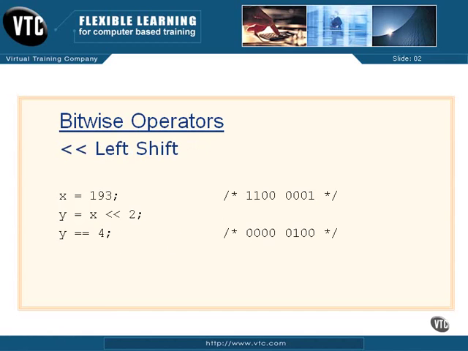Here's our Bitwise operator's left shift, and what this does is cause our value to be shifted to the left as far as the bits go. In the binary format, shifted a number of bits to the left. So here we have our X is 193. There's our value, and our new value will be equal to X left shifted by 2 bits.